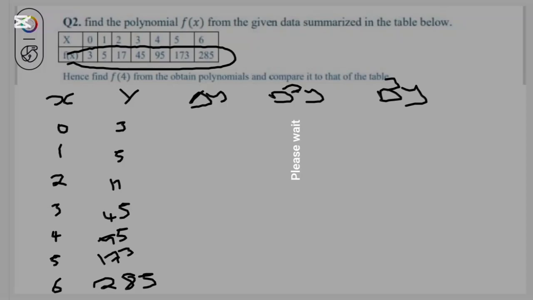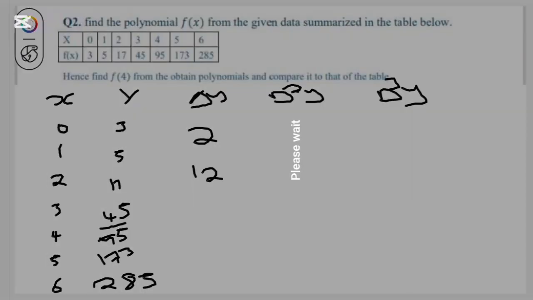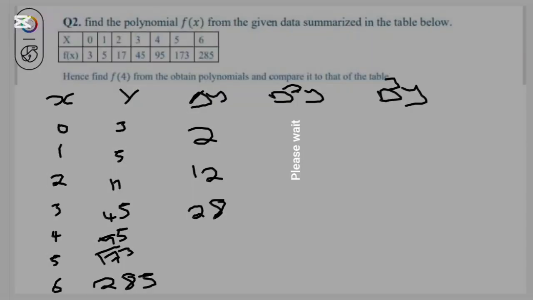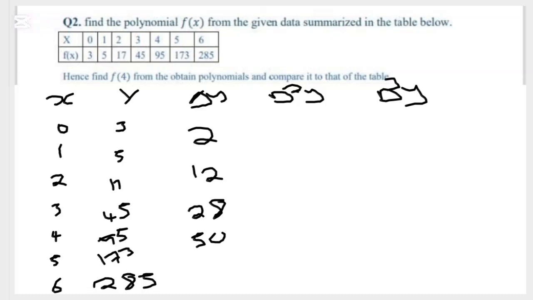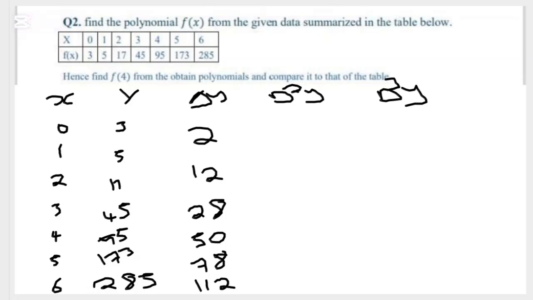The first thing you are going to do is subtract 5 minus 3, got 2. Also subtract 17 minus 5, you will get 12, and 45 minus 17, you get 28, and 95 minus 45 will get 50. Also 173 minus 95, I'll get 78. Also 285 minus 173, I'll get 112.